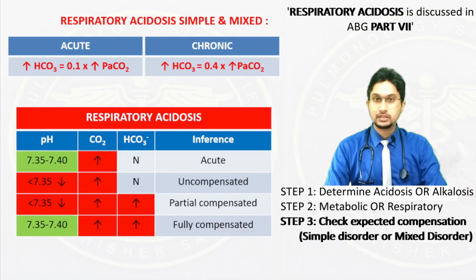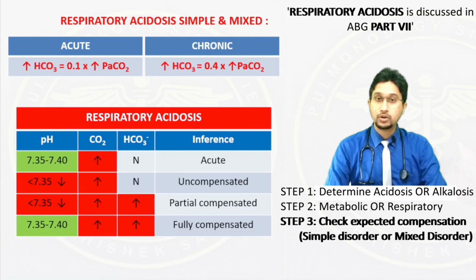As mentioned prior, if the expected compensation formula matches with this, it is either acute or chronic compensation. And the bicarbonate value, if it is not matching either acute or chronic expected compensation formula, it means that there exists respiratory acidosis with metabolic alkalosis.